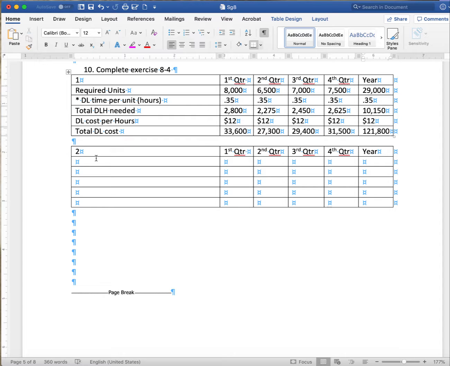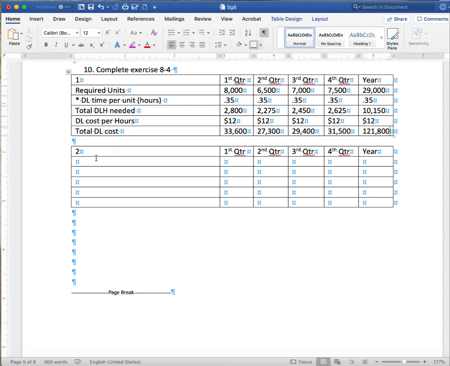Requirement 2, they throw us a little curveball. It says prepare the company's direct labor budget for the upcoming fiscal year, assuming that the direct labor workforce is not adjusted each quarter. Instead, we have to assume that the company's direct labor workforce consists of permanent employees who are guaranteed to be paid for at least 2,600 hours of work each quarter.